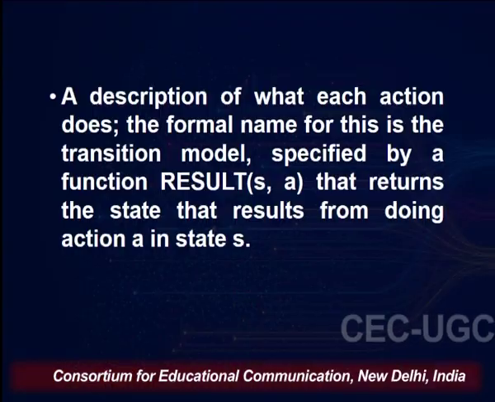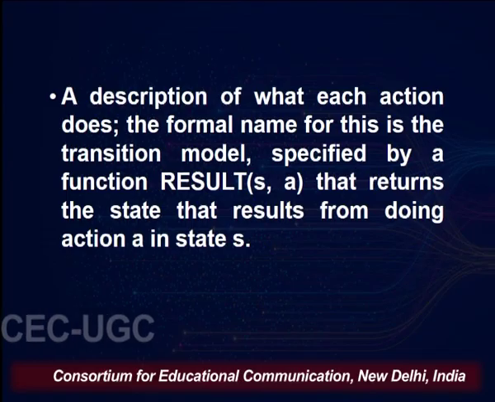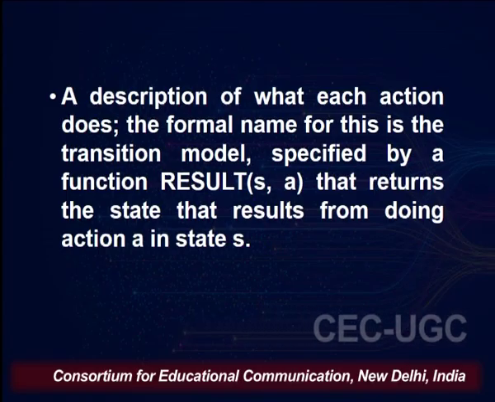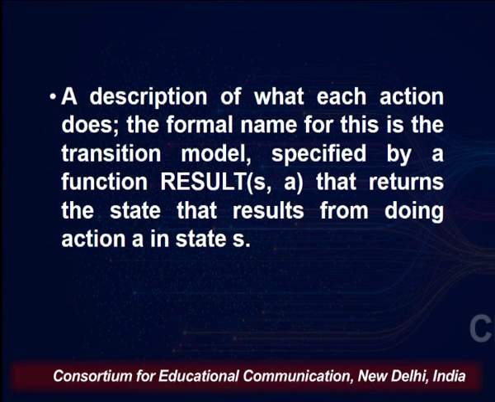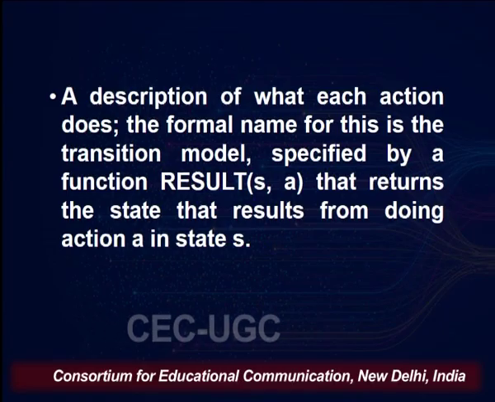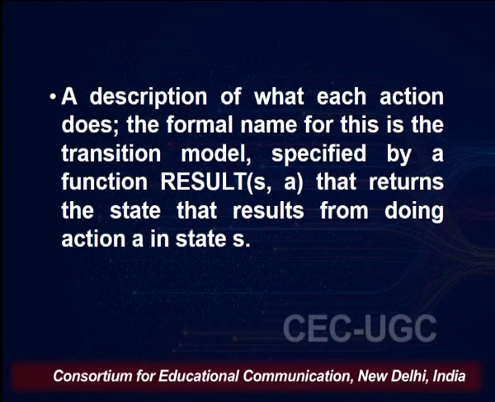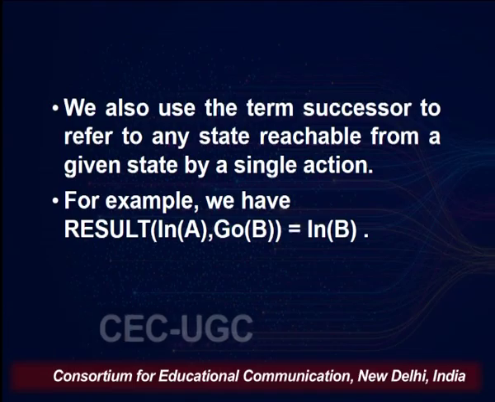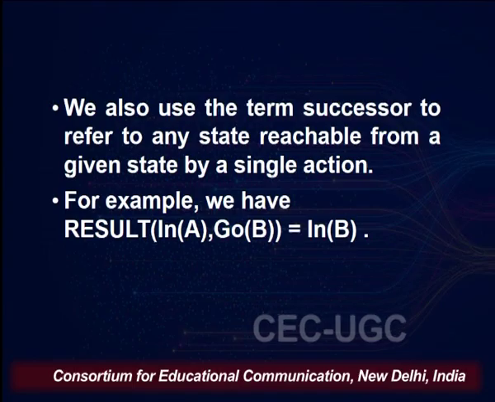For example, your agent is at point A presently, and now the action go to B or go to C or go to D, any one of these 3, is going to be operated upon. So, RESULT(A, go B) is going to be B. After this transition, your agent will now be in the state B, because it has moved from A to B. We also use the term successor to refer to any state which is reachable from a given state by a single action.